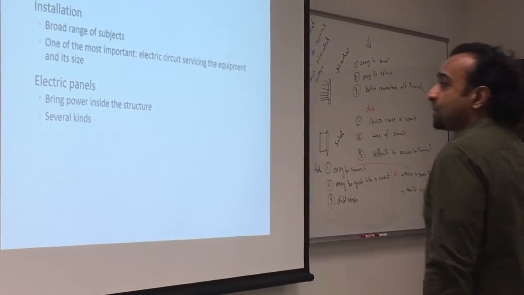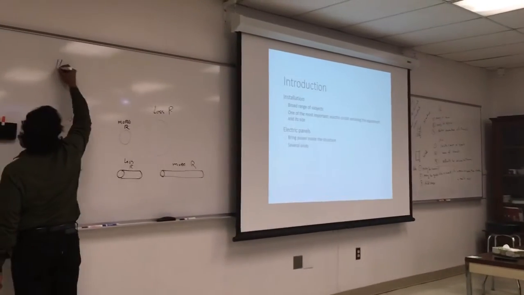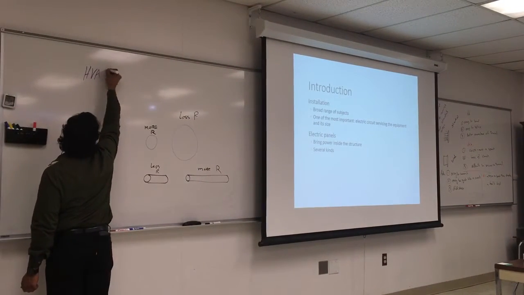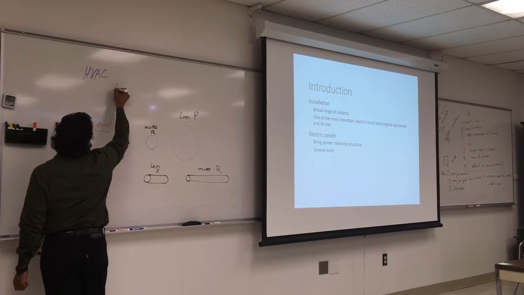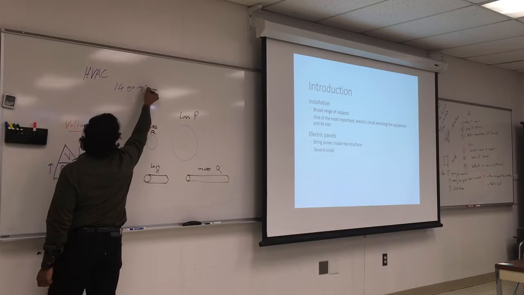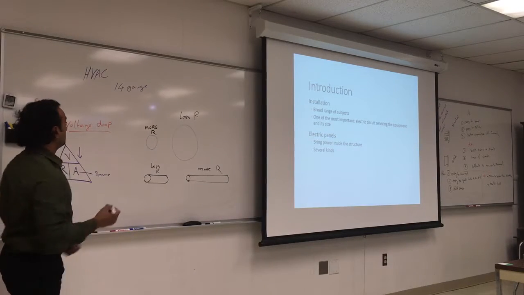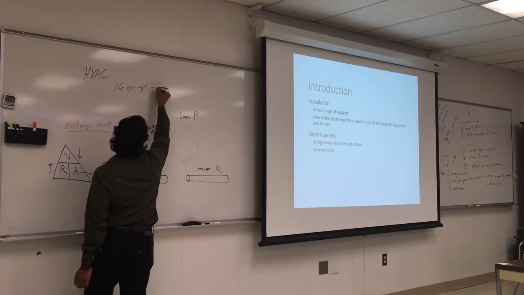What is the gauge we use in HVAC? Most common gauge? 14. Yep, 14 gauge. What about for control? That's for equipment.